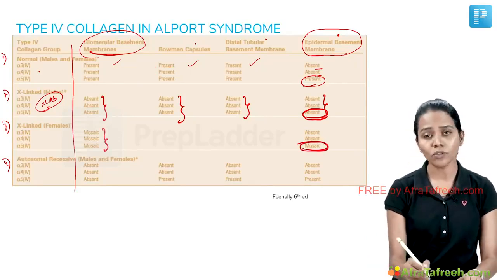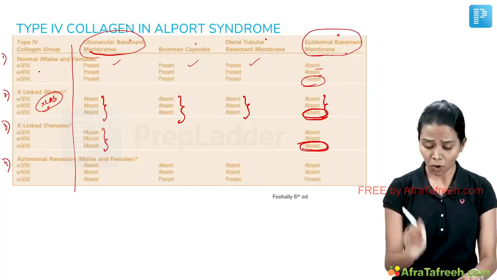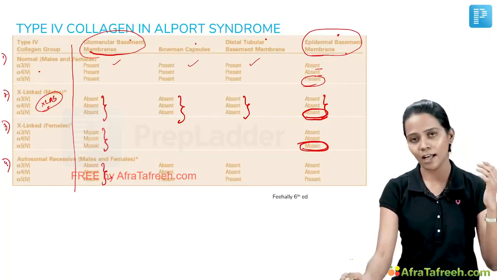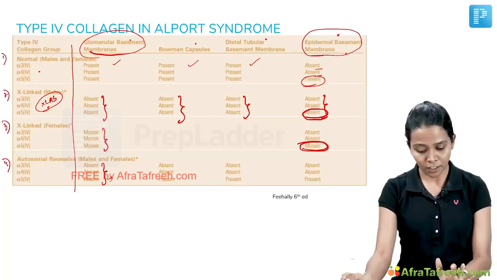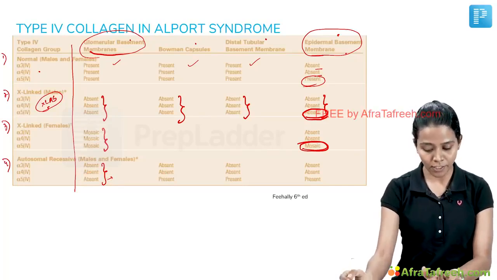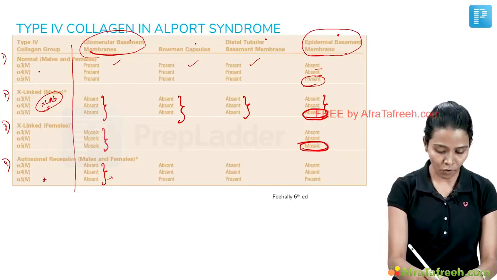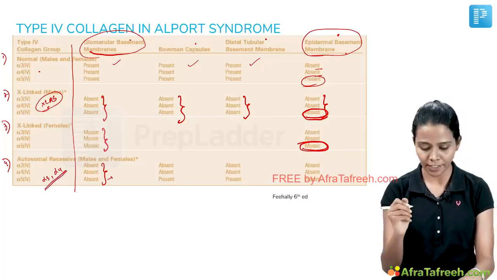Next, coming to the autosomal recessive type of Alport syndrome. In autosomal recessive type, all these 3 are absent, that is alpha 3, alpha 4, alpha 5, all 3 are absent in the glomerular basement membrane. In the autosomal recessive, which are the chains that are involved? We know that COL4A3 and COL4A4, that is alpha 3, alpha 4 is affected, right?